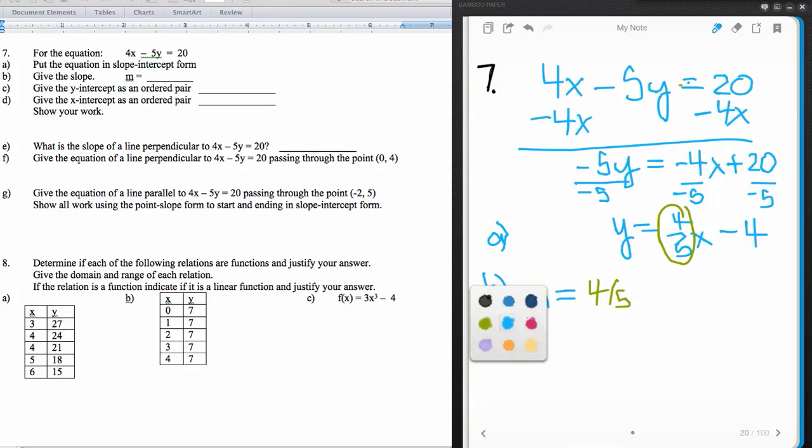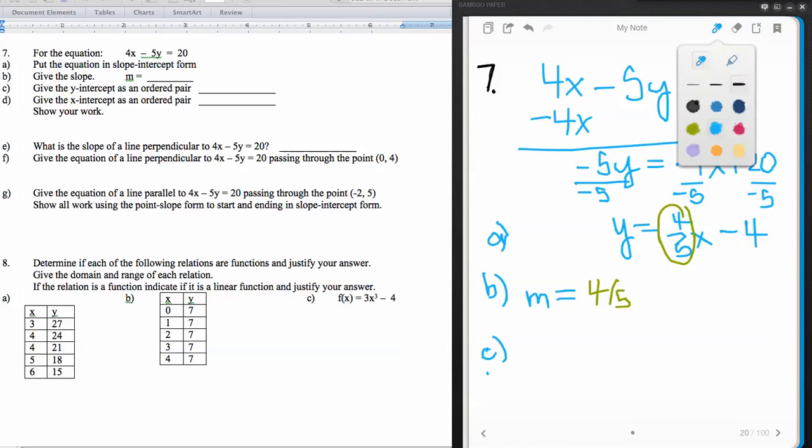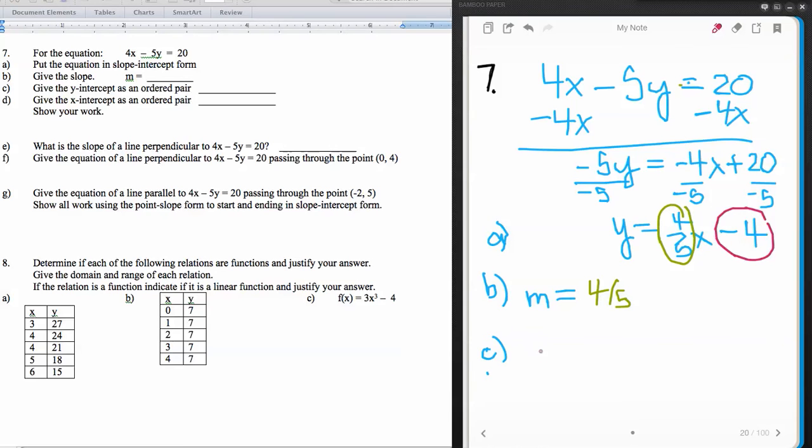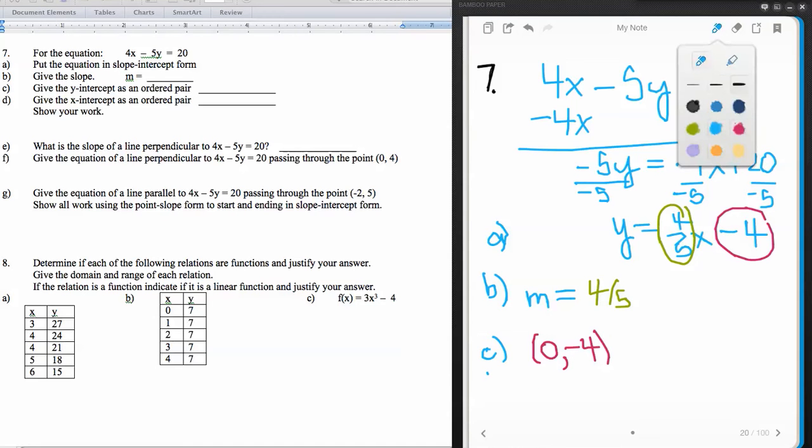The y-intercept, remember, is the constant of the expression. So we have a negative 4 here, and the ordered pair always looks like x equals 0 and y equals that value.